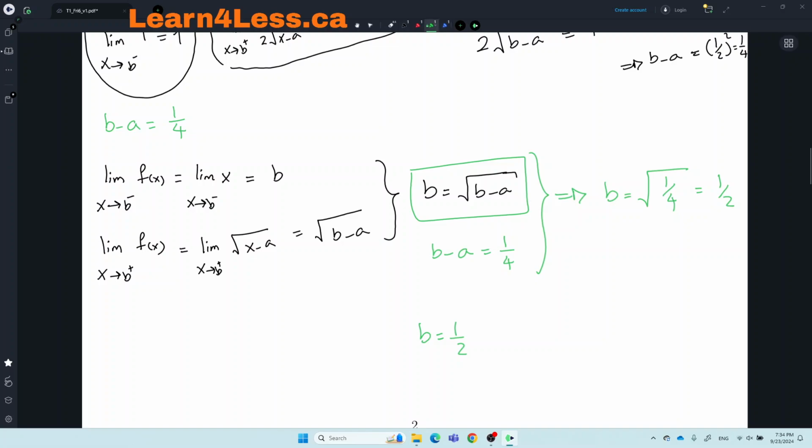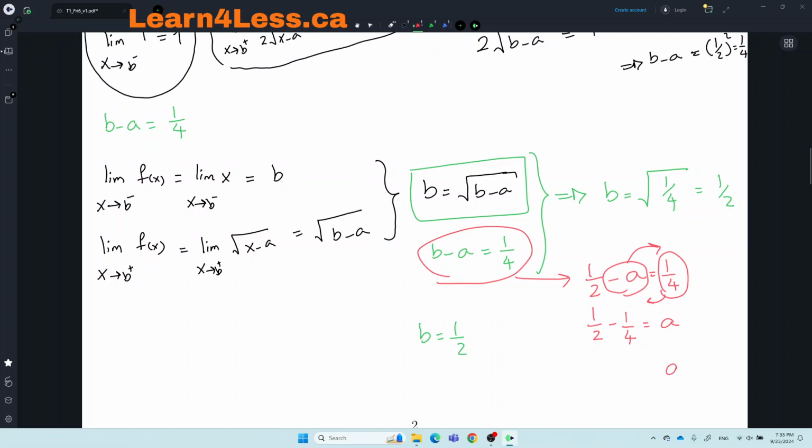What is a? We can use this equation, for example. Take this equation here: 1 over 2 minus a is equal to 1 over 4. Let's move negative a to the other side, and 1 over 4 to this side. 1 over 2 minus 1 over 4 is equal to a.